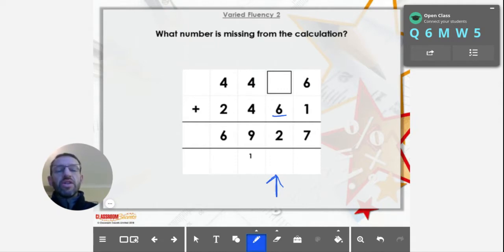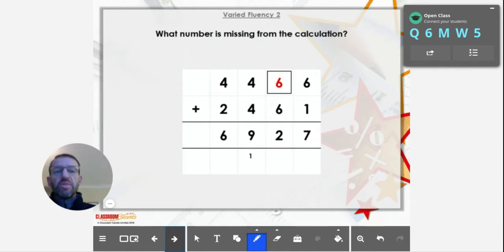But actually, we know it's not 2 because they have exchanged or carried into the hundreds column. So there's that 1 there, which is a big clue. And that helps us know that the answer to the tens column is not actually going to be 2, it's going to be 12. So then we can work back and think, well, it's going to be 6, add something, equals 12. Easy.